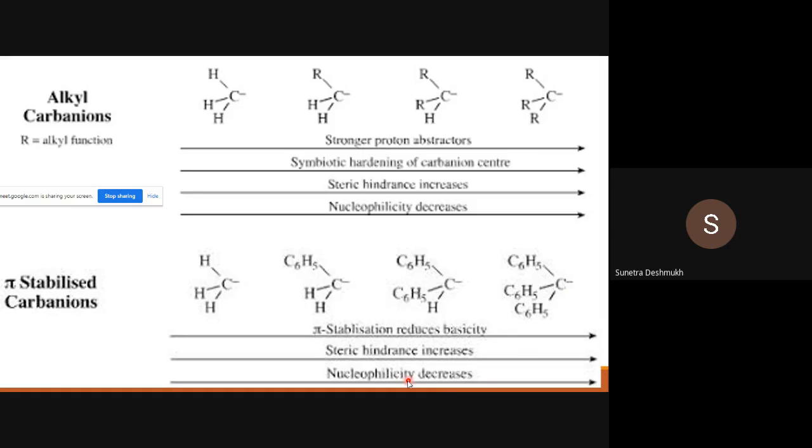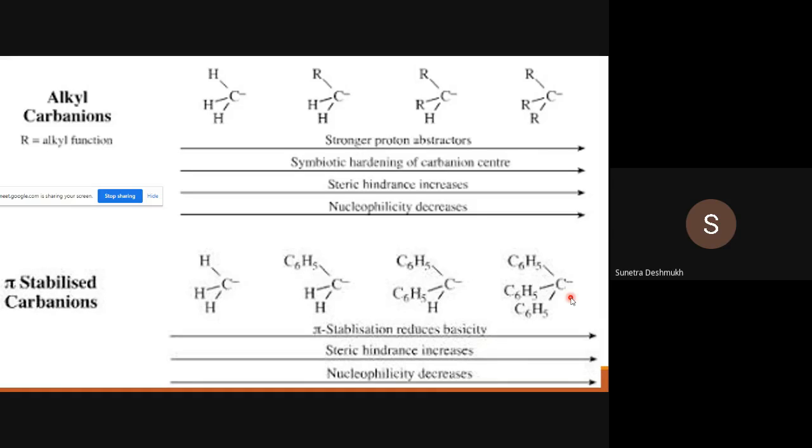And as it acts as a weak base, nucleophilicity also decreases, so basicity is reduced. Basicity got reduced here, and nucleophilicity also got reduced, also due to steric hindrance. So this carbanion cannot act as a strong base, nor can it act as a strong nucleophile. It may act as an intermediate nucleophile, but we didn't look at average nucleophiles.